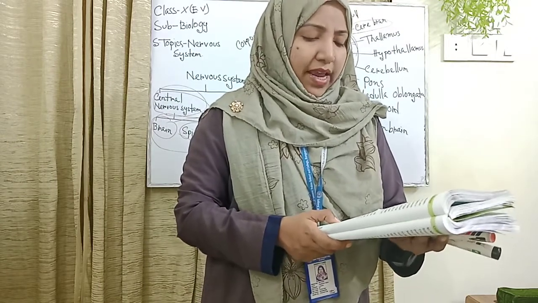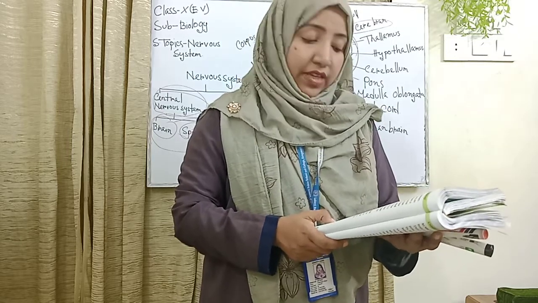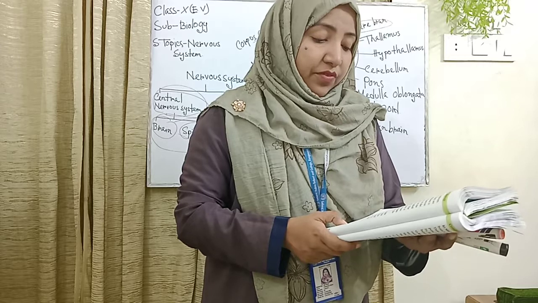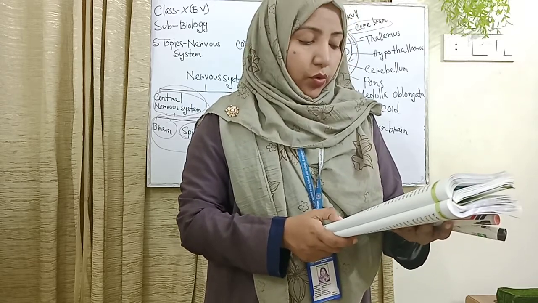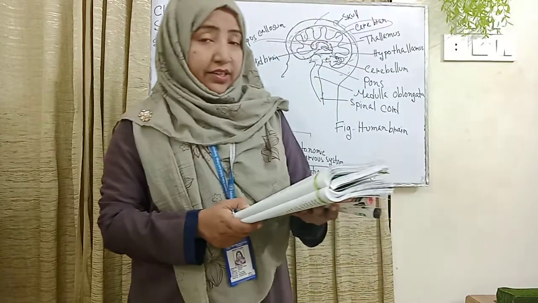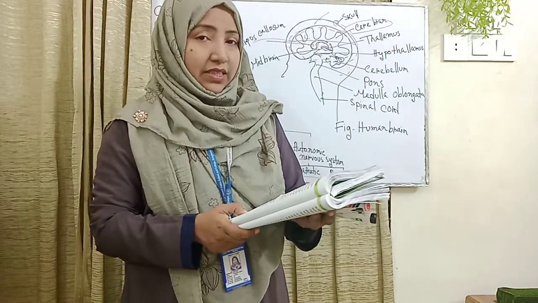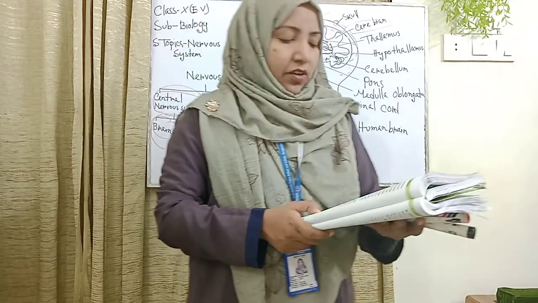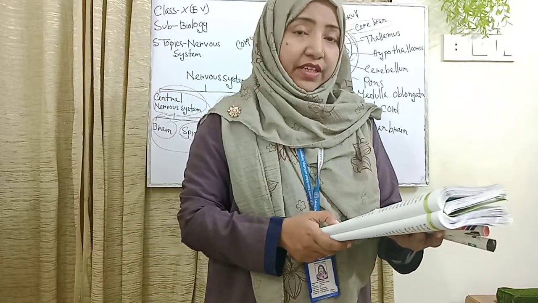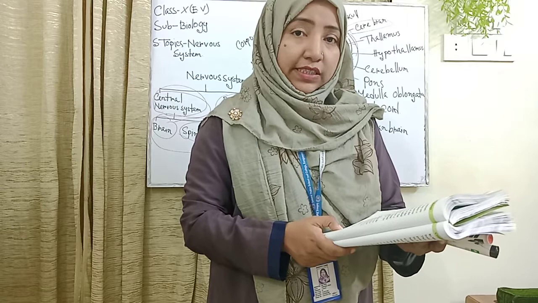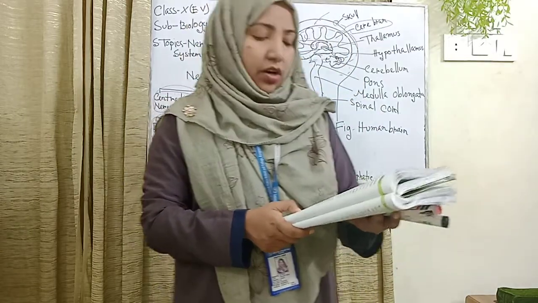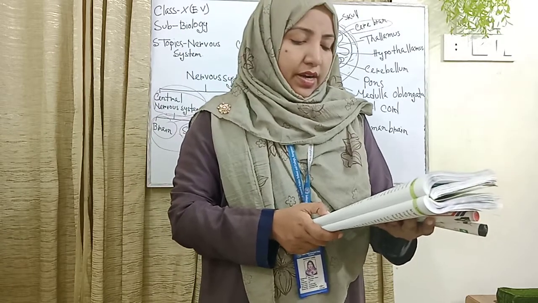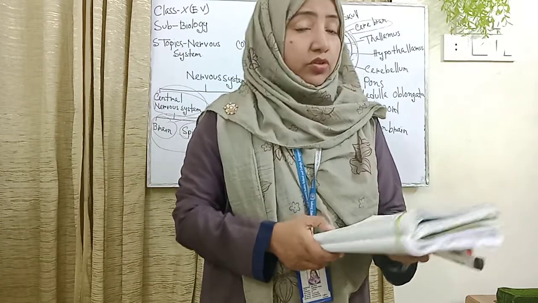For example, it controls every activity and sensation, and conscious activities such as speech, vision, hearing, intelligence, memory, thinking, will and the activities of voluntary muscles. It also helps in taking decisions and in responding to stimulation. Among all the animals, the forebrain of humans is the most progressive and most developed.